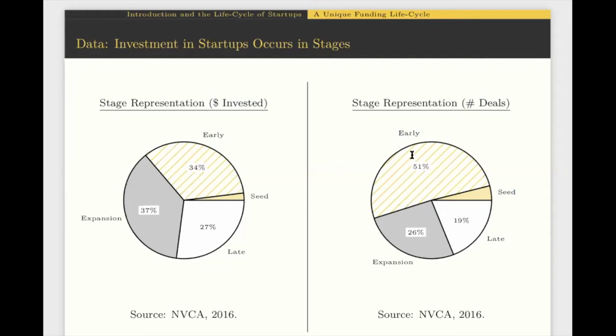The reason early stage represents a higher share on a deal count basis than a dollar invested basis is that, on average, early stage investment rounds involve smaller investments than later stage rounds. That's why the percentage shifts a bit more toward late stage when we look at dollars invested as opposed to deal count. But again, this highlights that startups generally raise multiple rounds of funding over their life cycle.